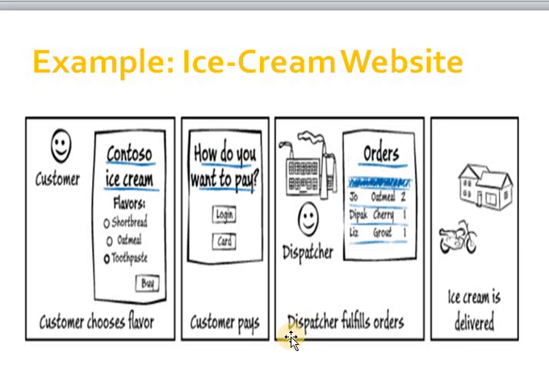The third screen shows the dispatcher fulfills the order. The fourth screen shows the ice cream is delivered to the customer. So this is how we can model the story of a system in the shape of diagrams in order to understand and get the details of the software we are going to develop.